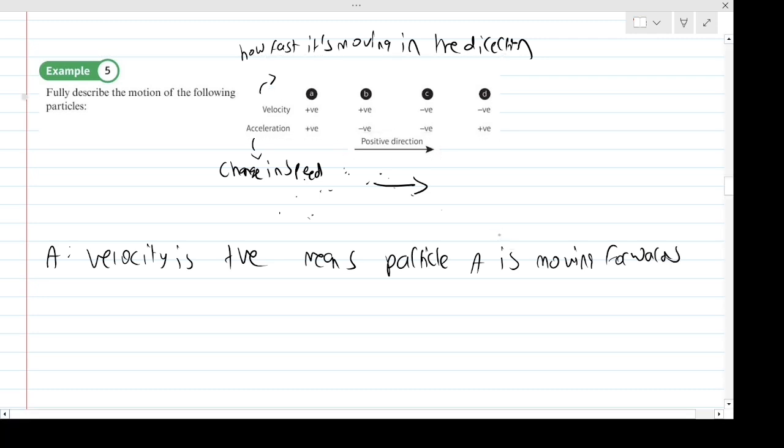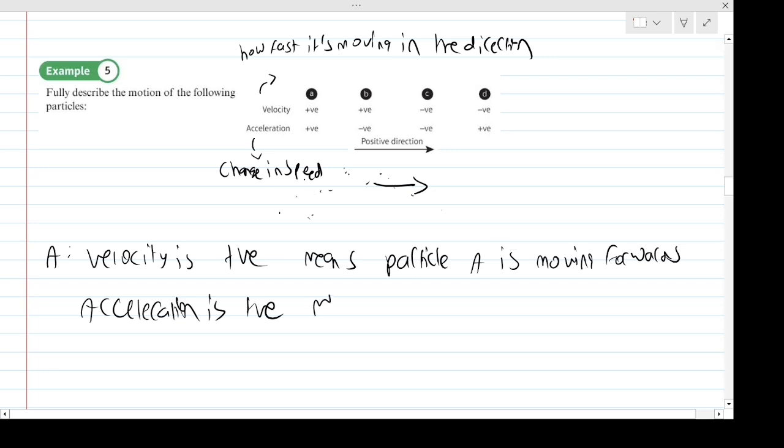Now, we don't know how fast it is because they're not giving us any numbers, okay? We're only told the sign. The sign just tells us in what direction it's moving, okay? So it's moving forwards because, again, forwards is the positive direction. Now, the acceleration is also positive. What does that mean? So that means if it's positive, the change in speed is positive, so it's picking up speed, so it's becoming faster.